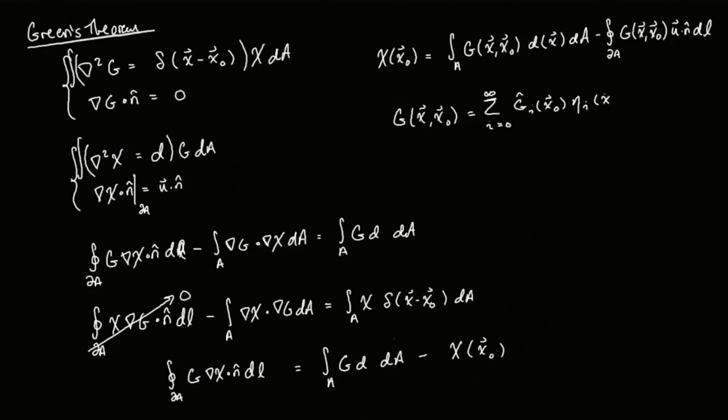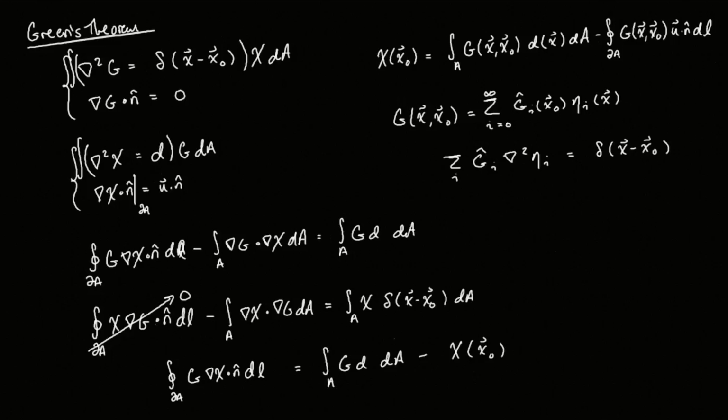And if we go back to the equation for g and I substitute this in, what I get is the sum over i of g hat i, I'm going to leave off the dependency there, del squared eta i, and it's got to be equal to delta(x minus x naught).